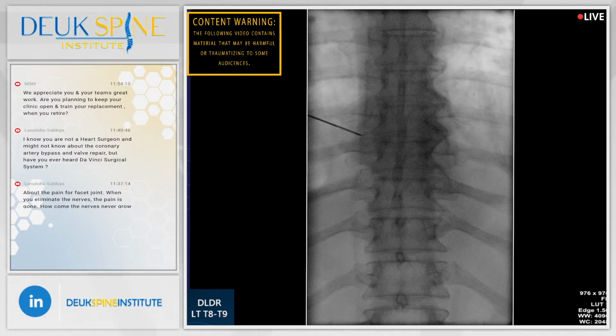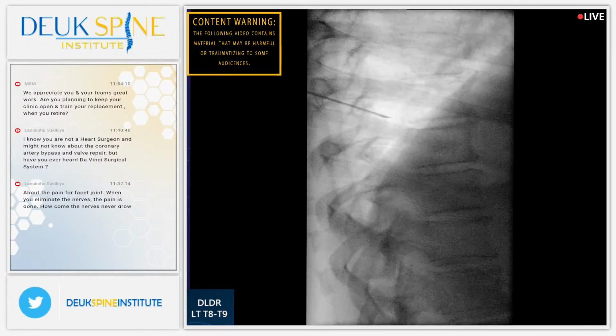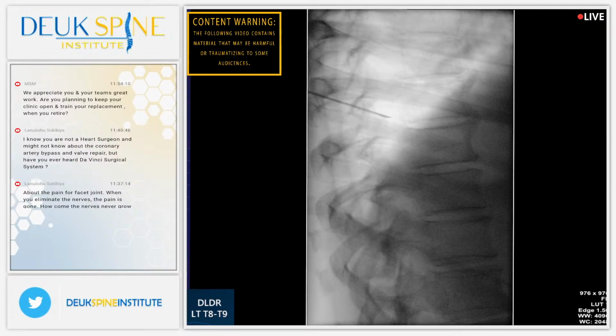Again, too lateral because that rib head, that damn rib head is forcing me. Let's see if I can get a little bit more medial. I'm slipping around it, Sean.